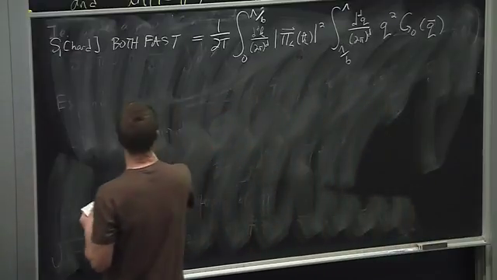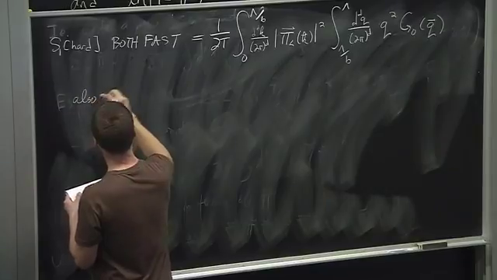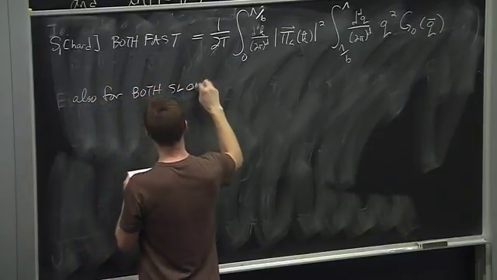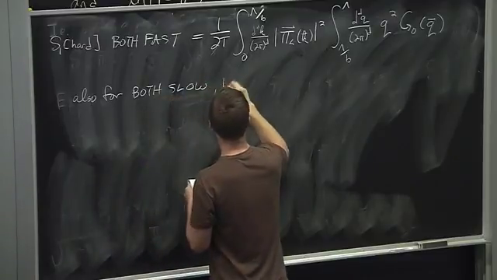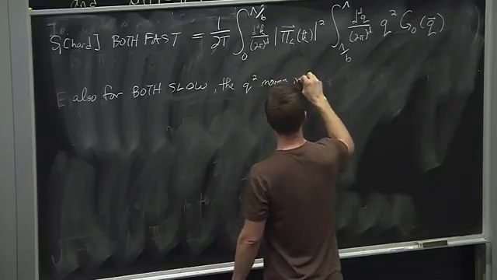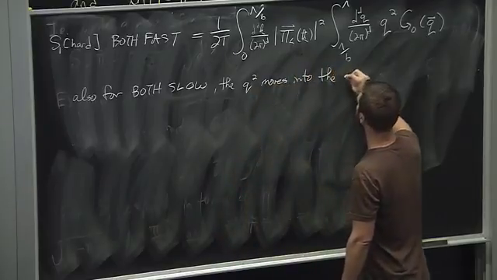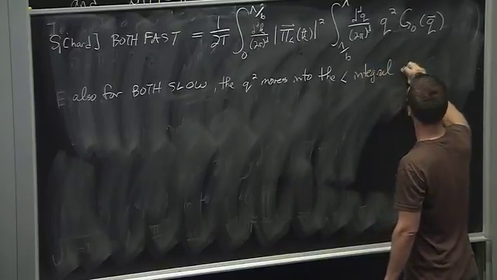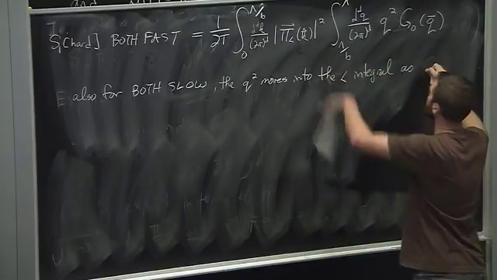Let me just write that down. Moves into the slow integral as, say, K squared.